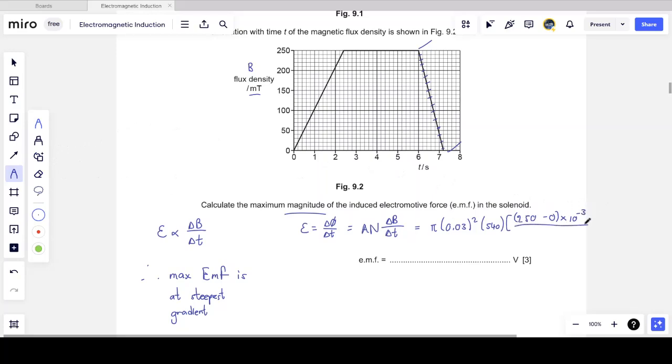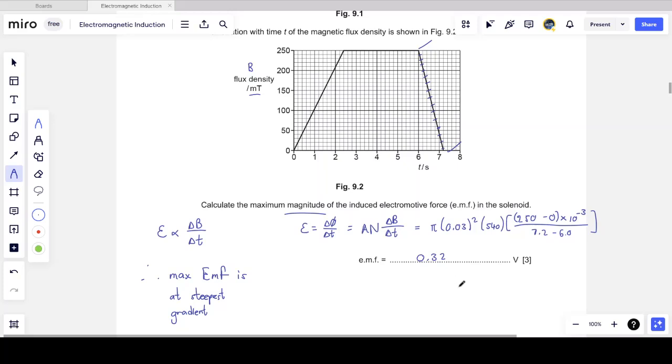And we divide that by the time it takes for the magnetic flux density to change, which is 7.2 minus 6, or 1.2 seconds. Doing the calculation, what I should find to two significant figures is that this EMF is 0.32 volts.